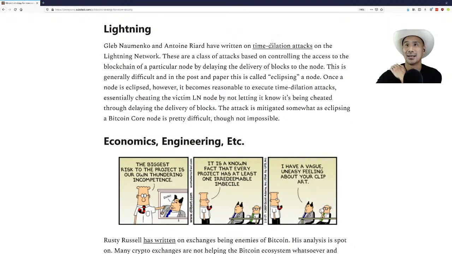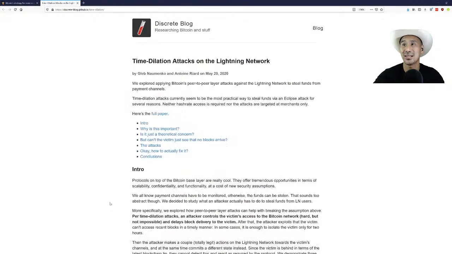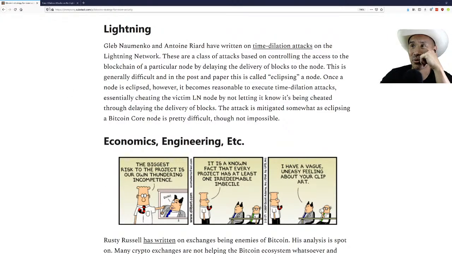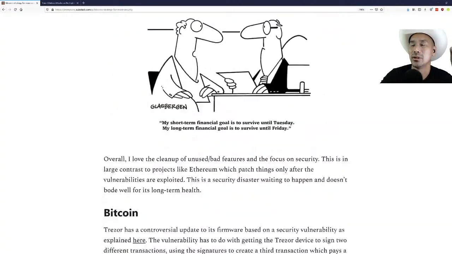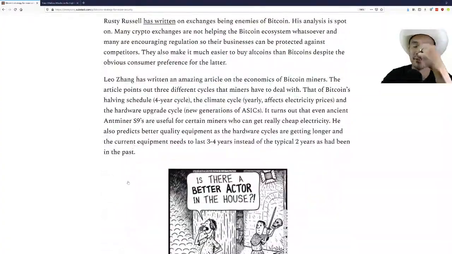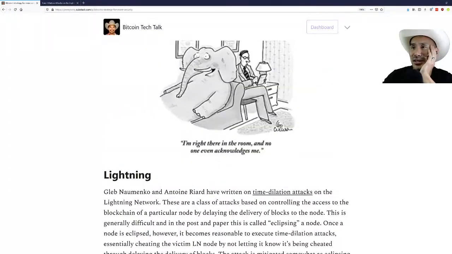All right, Lightning. Gleb Naumenko and Antoine Riard have written on this time dilation attack on the Lightning network, and essentially what it is is you first isolate the node, and we talked about that a little bit with the Erebus stuff.